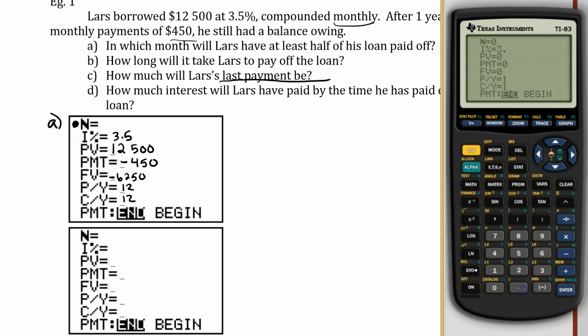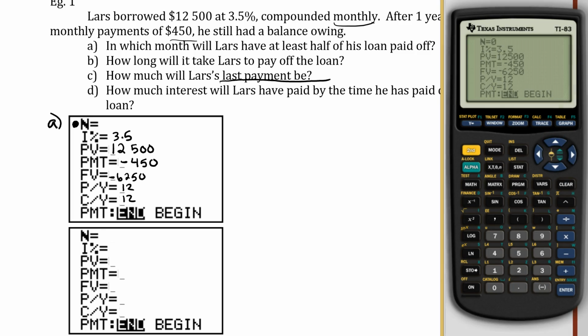The present value is 12,500. Each payment is negative 450. The future value when it's half paid off is going to be negative 6,250. And payments per year 12, compounding periods per year is also going to be 12.